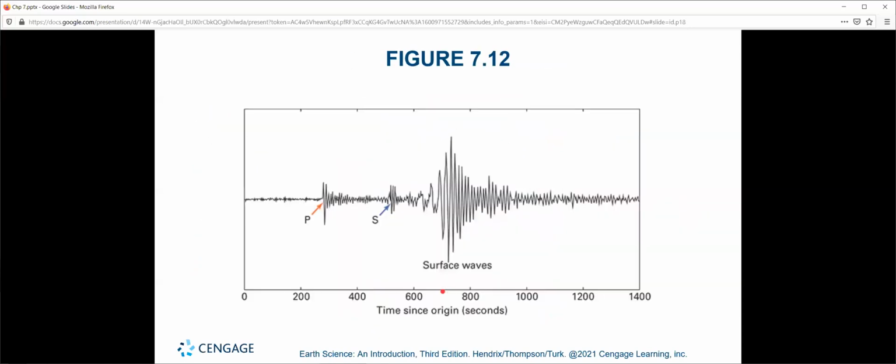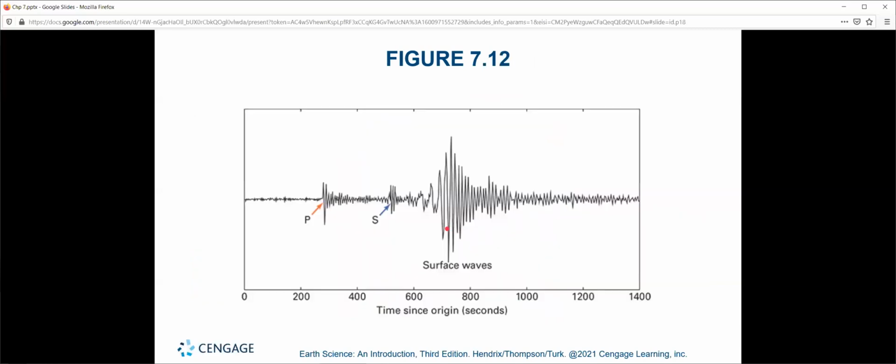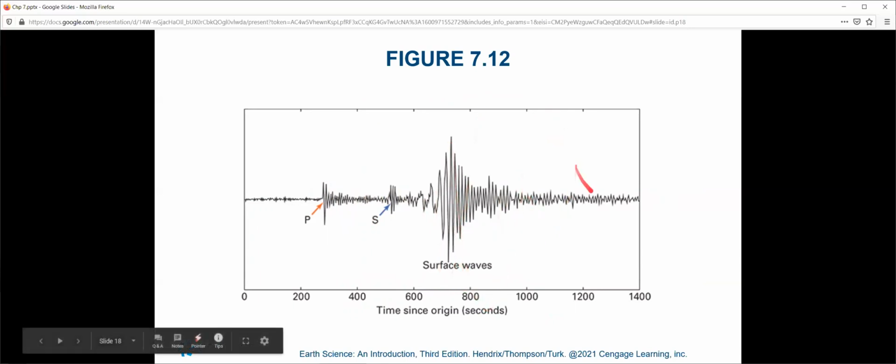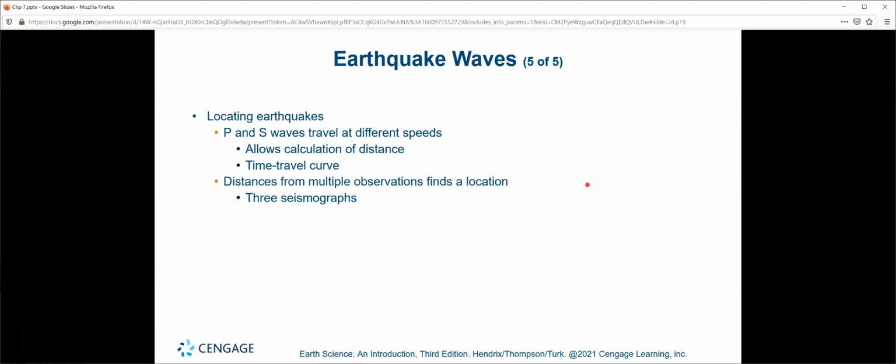The way a seismogram works, these things are produced kind of how it says. This is a needle that is directly affected by the movement of the earth. So that needle jumped up and down because the earth jumped up and down. Very interesting stuff. We'll talk about locating earthquakes next lecture.